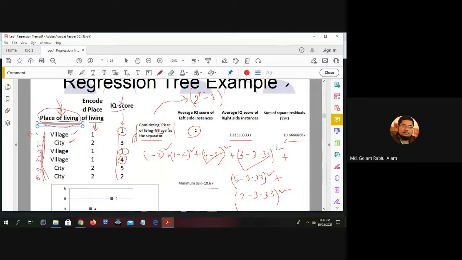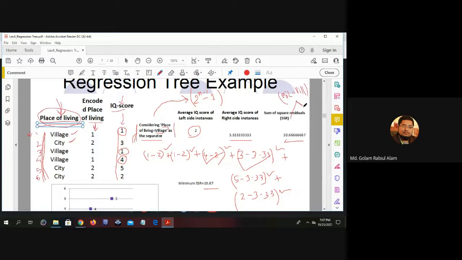So that means we can construct a tree like this: place of living equal village.